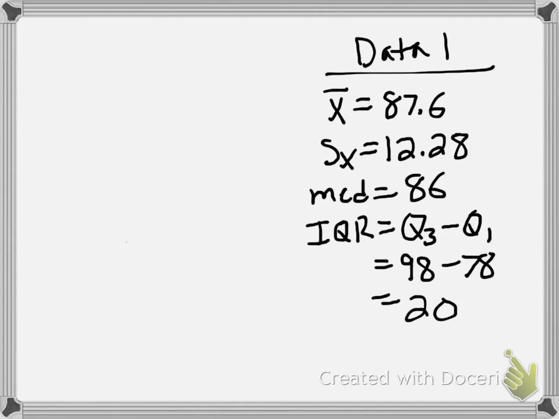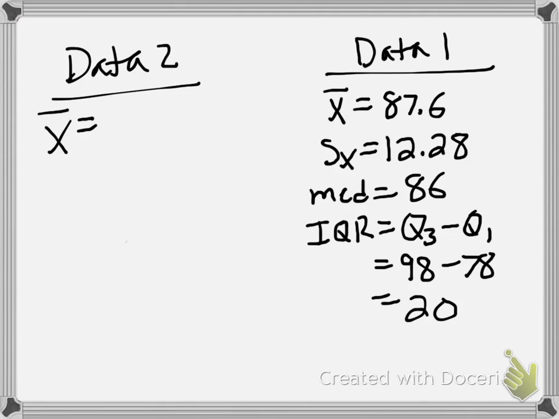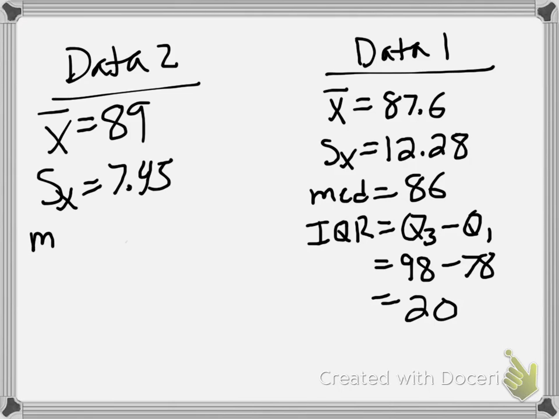Okay, so let's say for data 2. When I plugged those in and found the one variable stats, I found my mean to be 89. I found my standard deviation to be about 7.45. And I found my median to be 89.